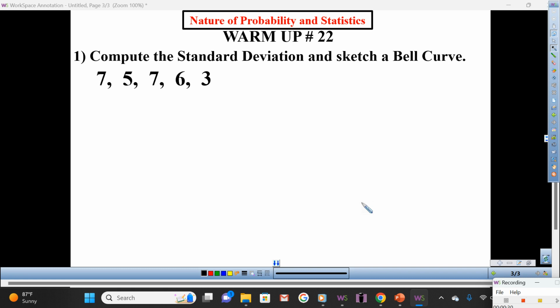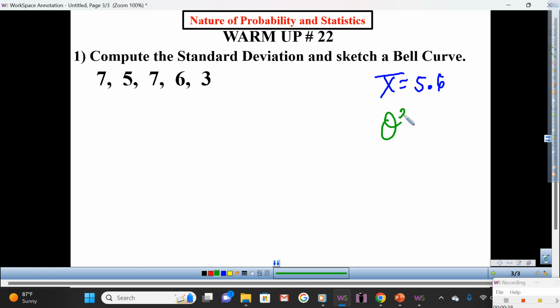Thank you for sending that in. Let's see, help us out, please. We need a mean. What'd you get for the mean? Jan: 5.6. Hands if you got that. That is correct. From there, I need a standard deviation squared.